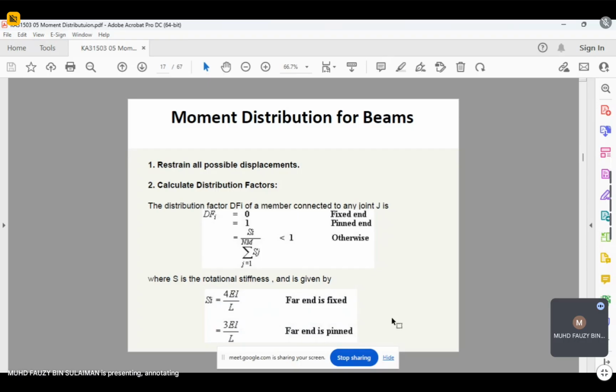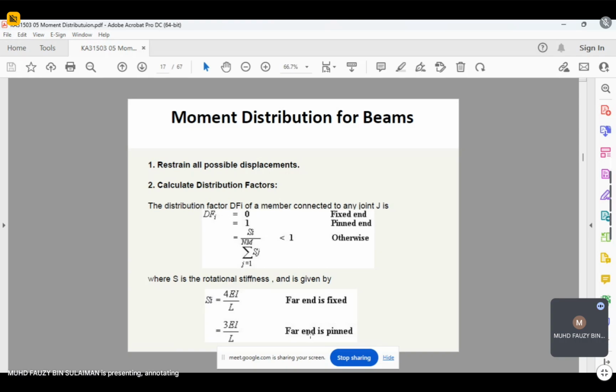Basically, in normal conditions there are only two: the far end is fixed or the far end is pin. There is no roller, because it is impossible for an RC structure to have a roller installed.